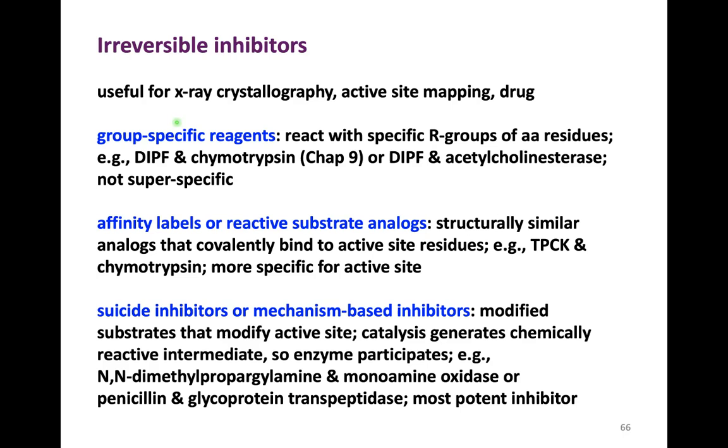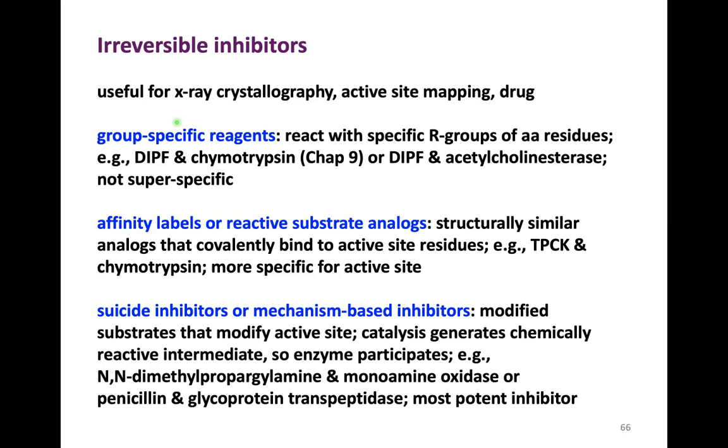And if there's one binding site that is irreversibly modified by this inhibitor, that one peptide will have a different mass. And so you can do sequencing to identify which is the residue that is modified and what is the binding site.